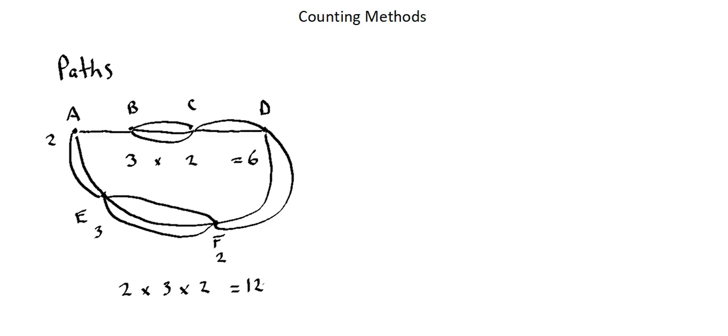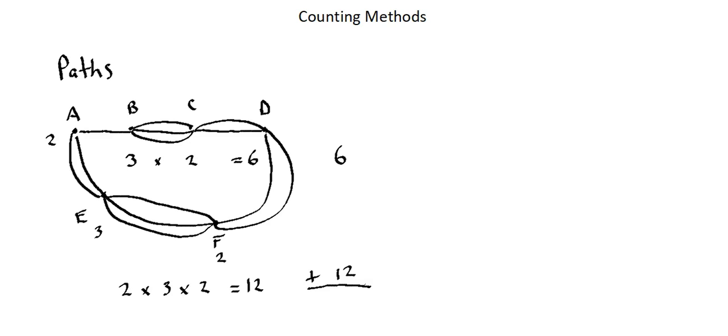Now to take into consideration the top option from A to D and the bottom option from A to D, we're going to add. We have a total number of 6 on the top, and a total number of 12 on the bottom. And notice the A to D on the top is completely separate from A to D on the bottom.